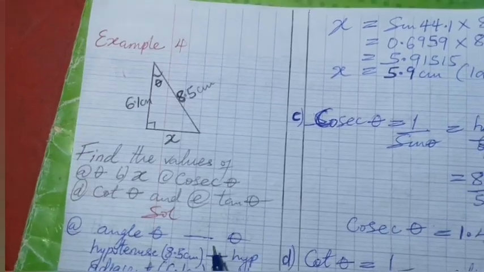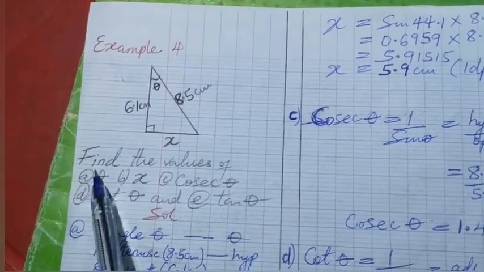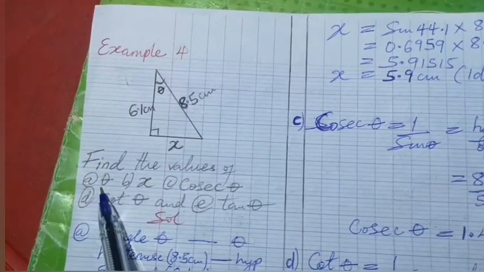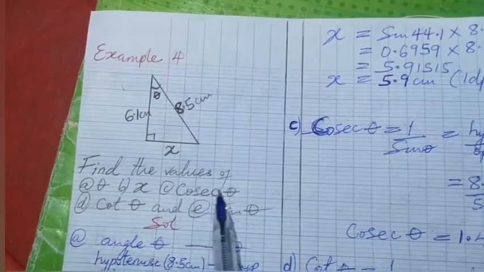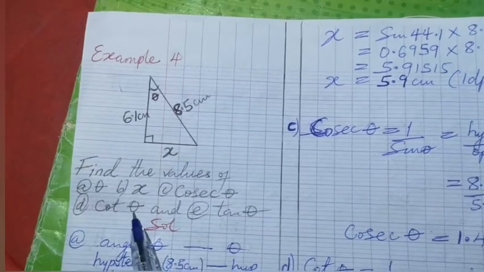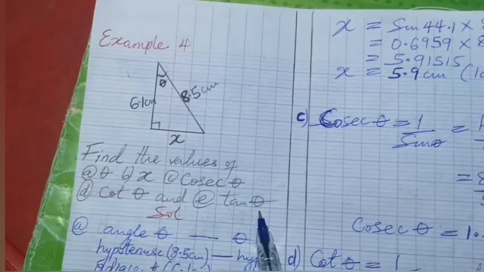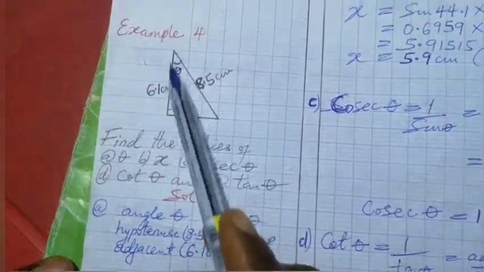Okay, we have another example here. So the question is find the values of theta, x, cosec theta, cot theta, and tan theta, okay? So the first thing we will do is to know our sides.